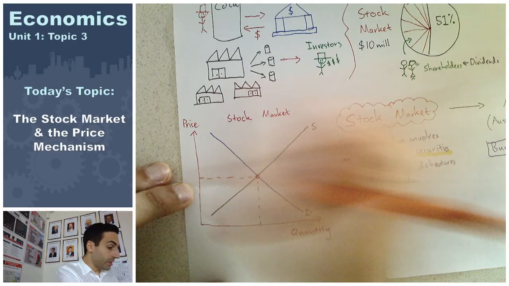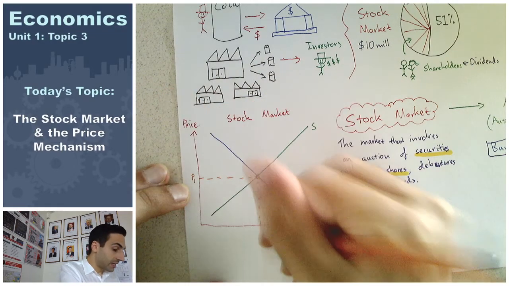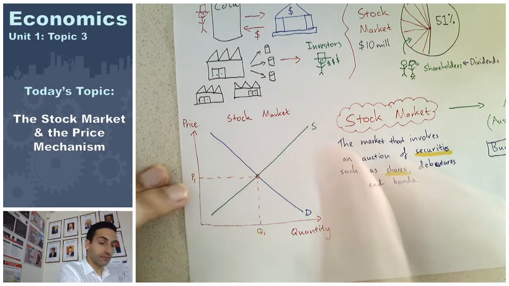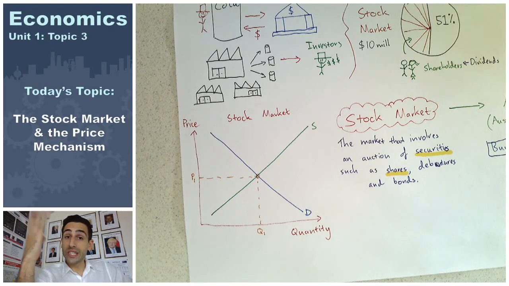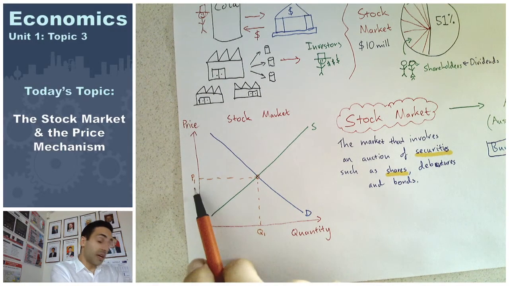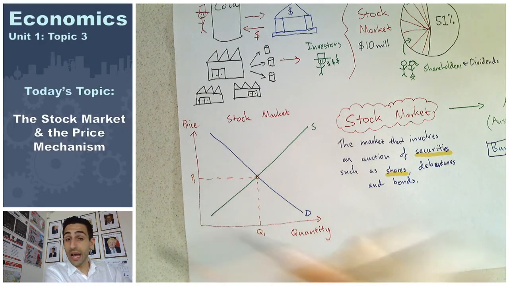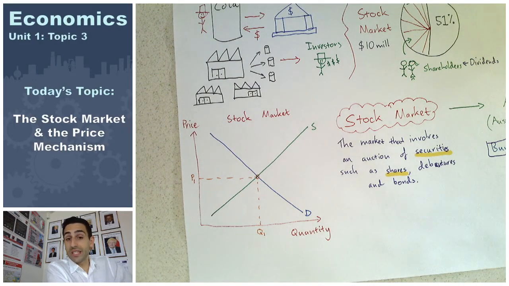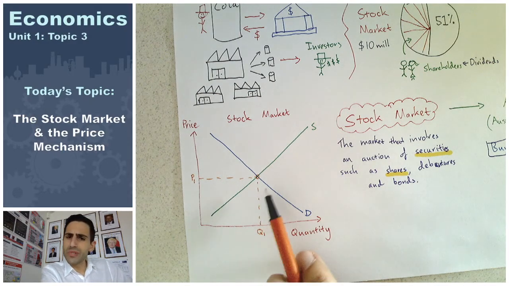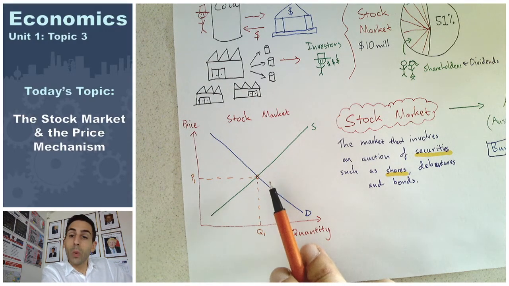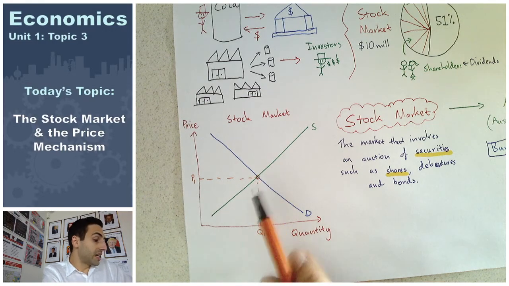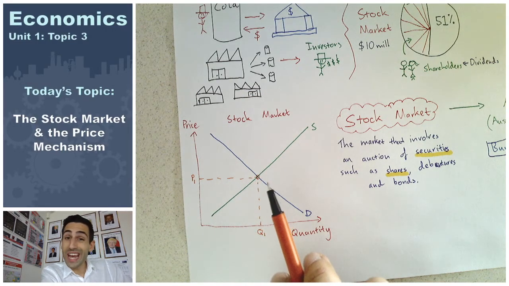So at this price and at this quantity, people who are looking to sell their shares are happy to sell them at this price. People looking to buy shares are happy to buy them up because they think it's value for money. Now, why are people selling their shares? Well, it's probably because their shares have appreciated in value.